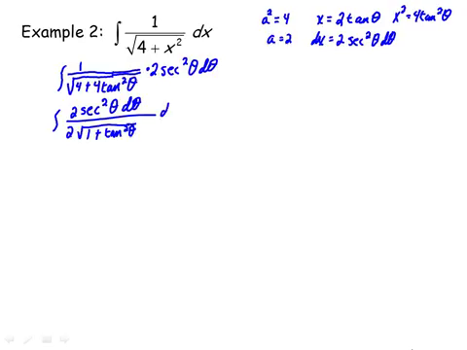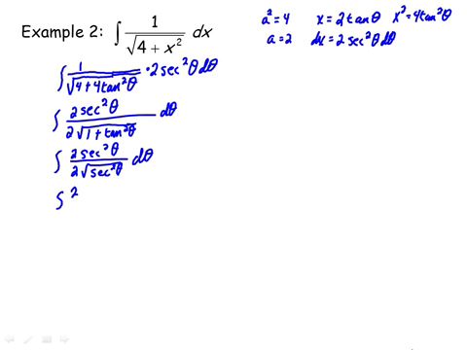What identity is that? So we're going to have 2 secant squared theta over 2 times the square root of secant squared theta d theta.